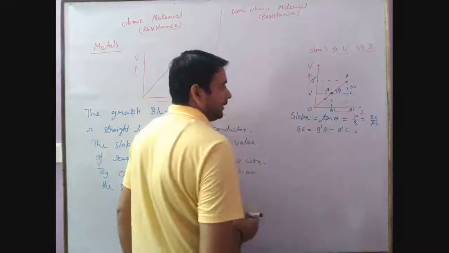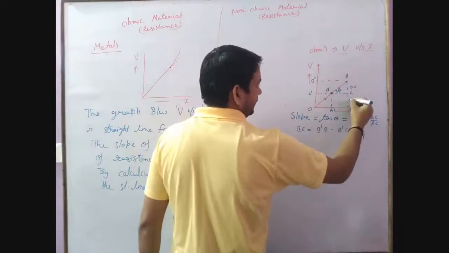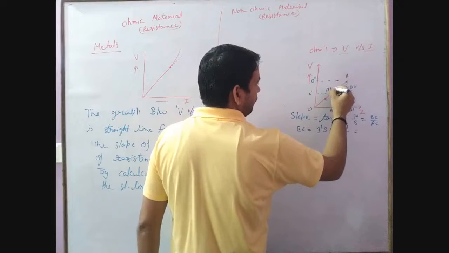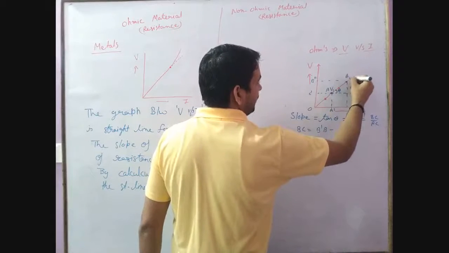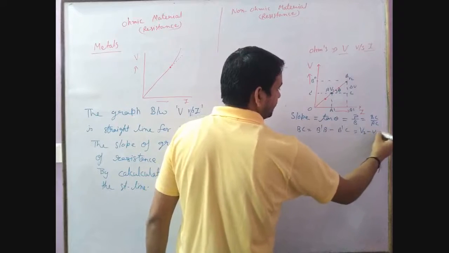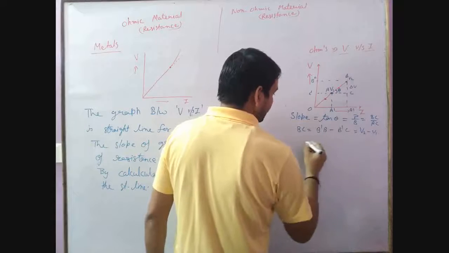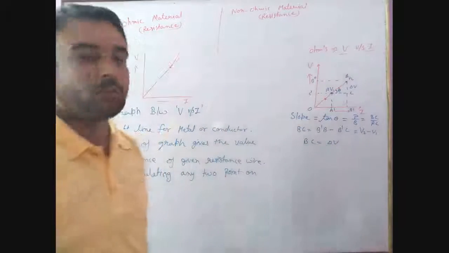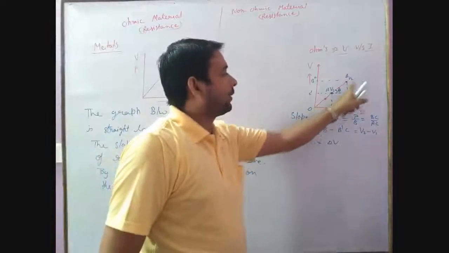So if this point is V1 and here is V2, then you will calculate V2 minus V1, and this result BC is equal to del V, the difference between the potentials at two different points.